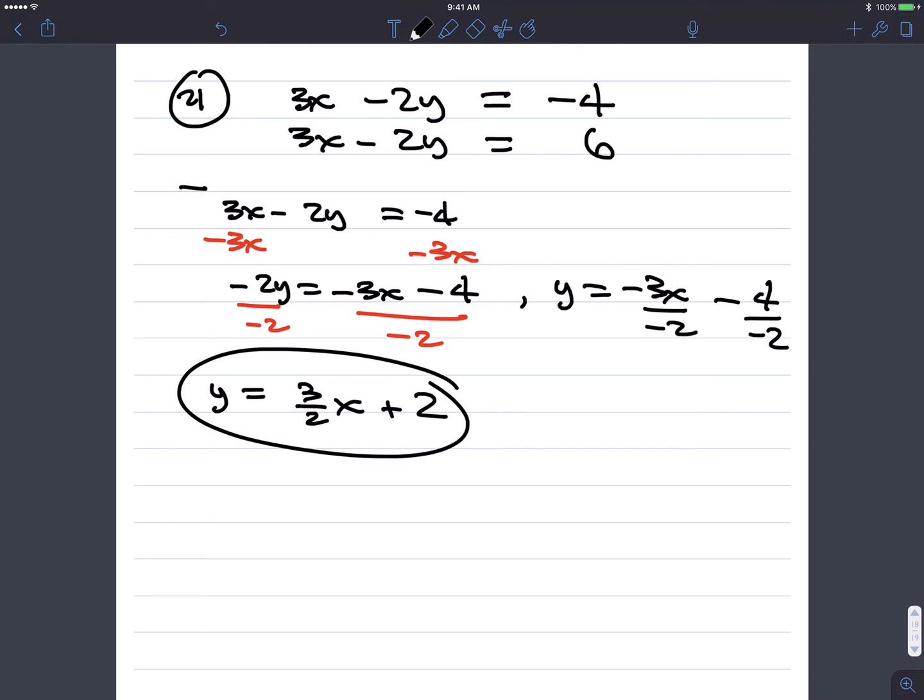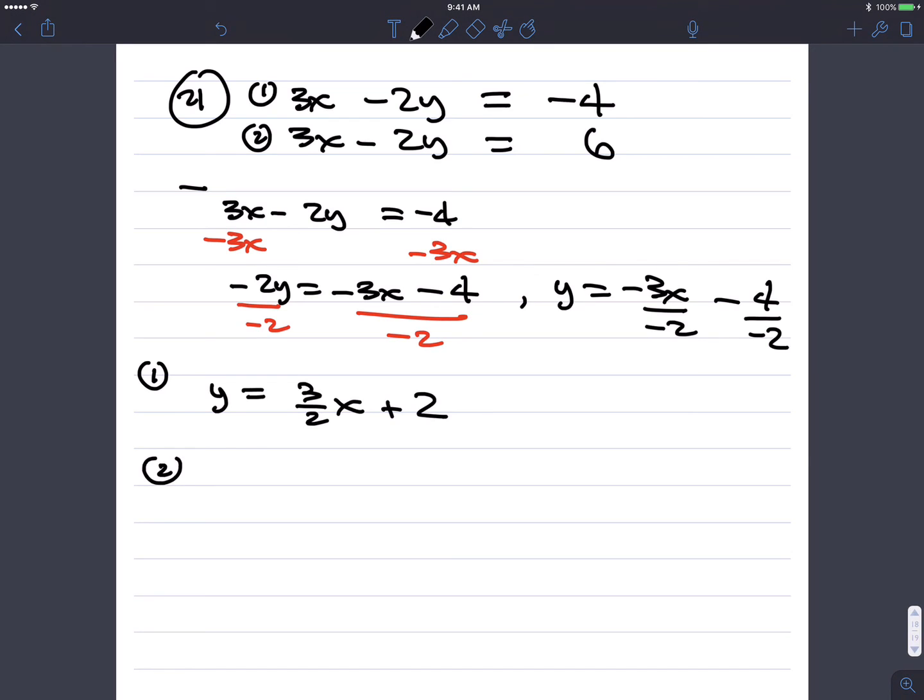I'm getting a little suspicious here about this one. We can actually substitute if you wanted. Let's do that. This is my first equation. This is my second equation. We say that we're going to solve for y in the first equation, so I'm going to bring down the second equation. 3x minus 2y is positive 6. Let's do our substitution. y is 3/2 x plus 2. In the second equation, we have that y.